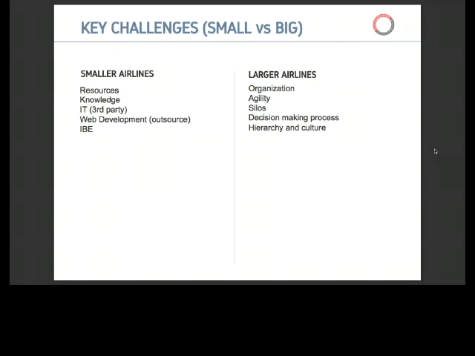This is the culture of decentralization, having agile teams that can approach growth independently. They're empowered to test. In the airline world, this is a lot of times very difficult, because we are all used to the hierarchy and culture of huge organizations.